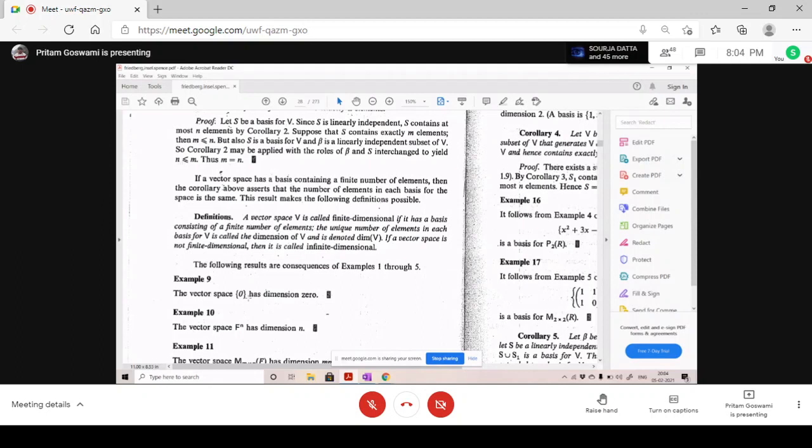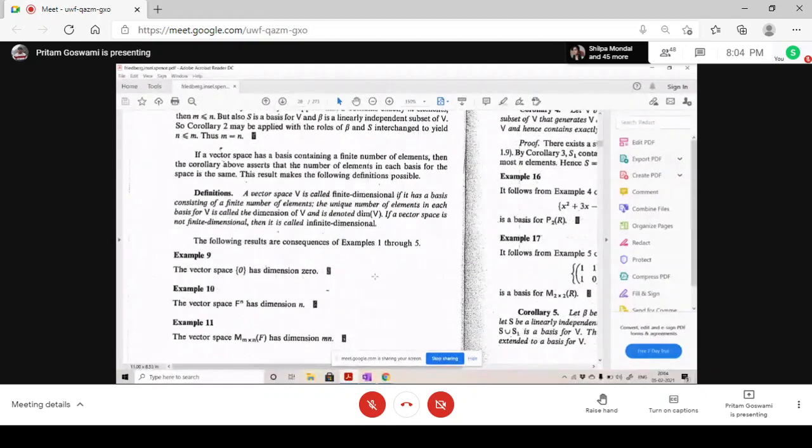Then what is the dimension of that vector space? mn, right? And suppose I give you a vector space of all complex numbers, and the field is also complex numbers.